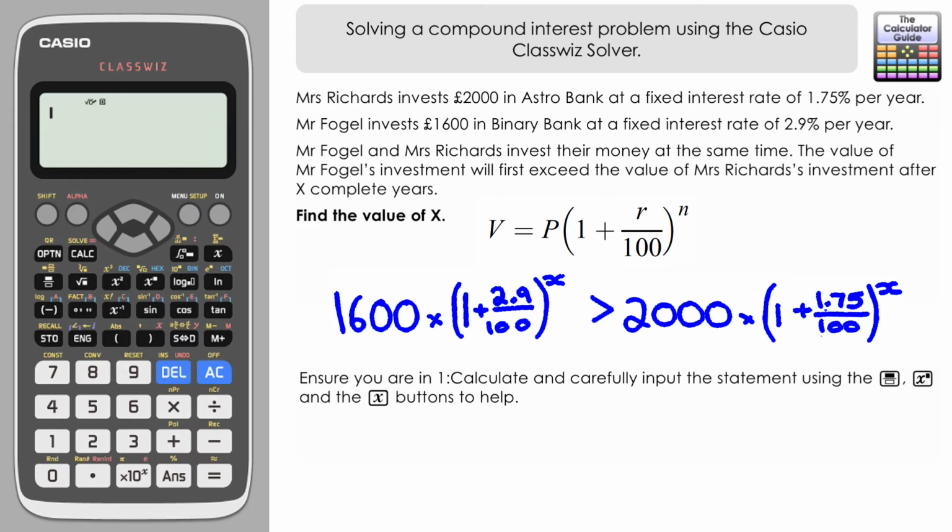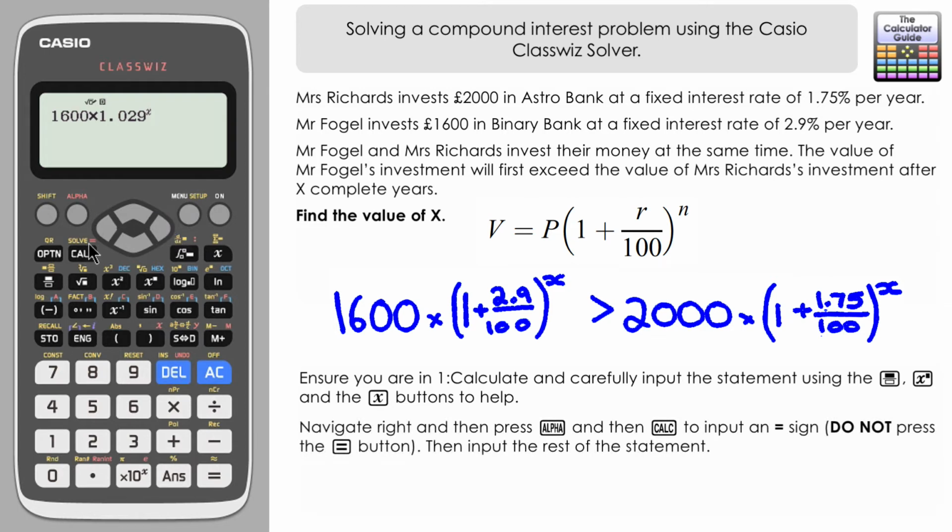Now what I'm going to do is just simplify what we've got in the brackets there. So 1 plus 2.9 over 100, well, that is 1.029. Essentially, this is a multiplier for a percentage increase, increasing by 2.9% each time. And then we want to raise that to the power of, well, I'm just going to input x. Now, make sure you navigate right, so we're on the main working line here.